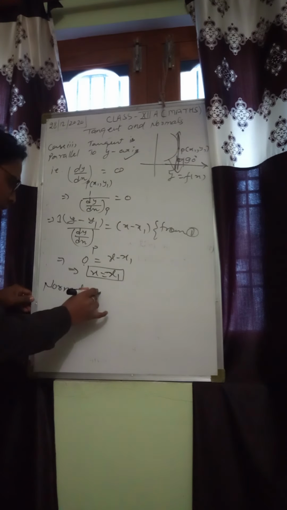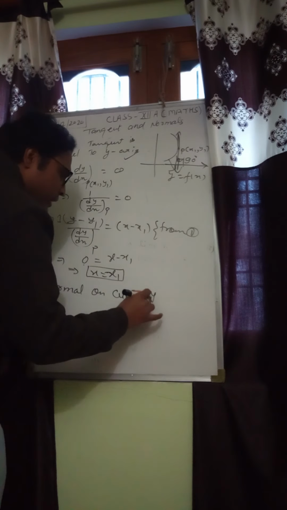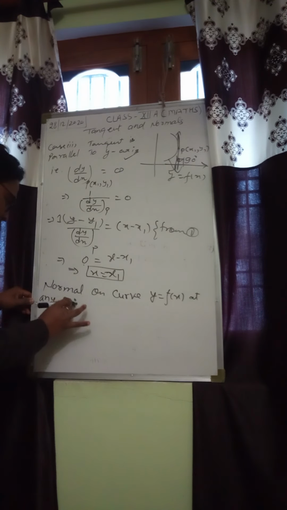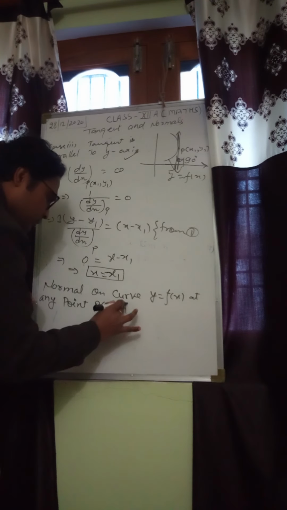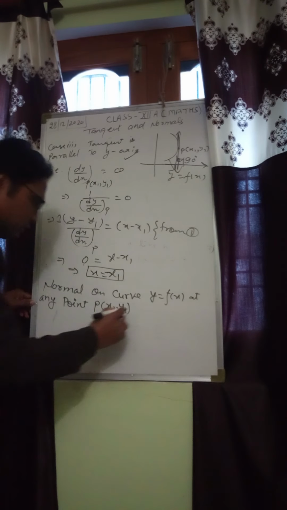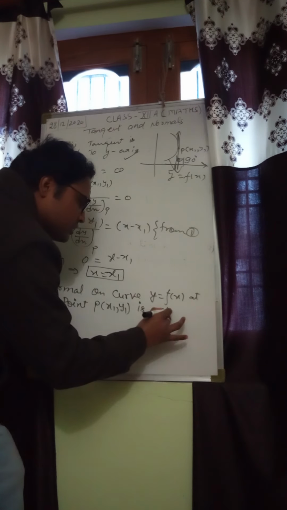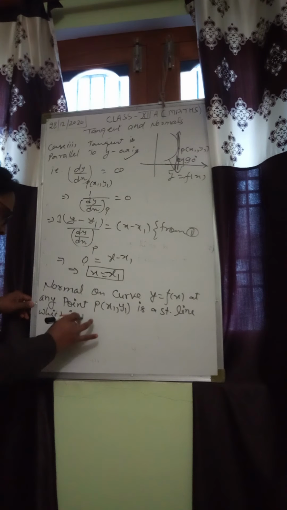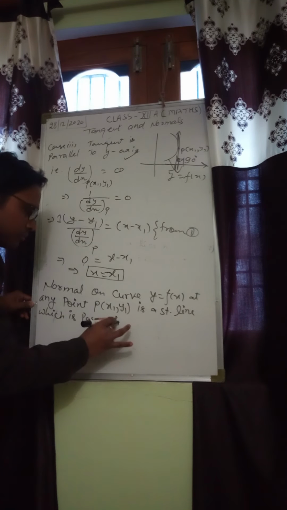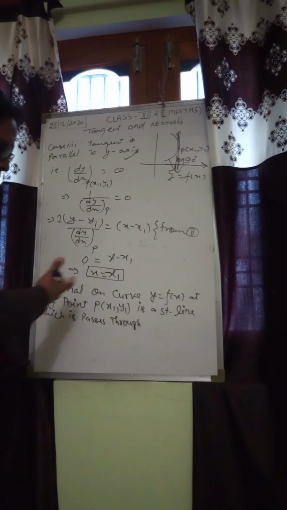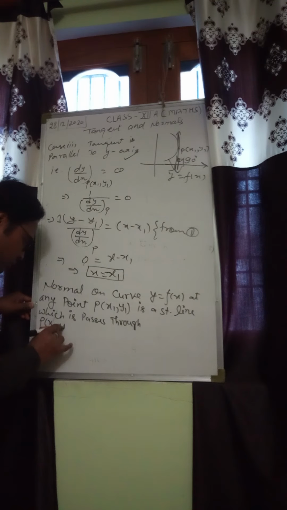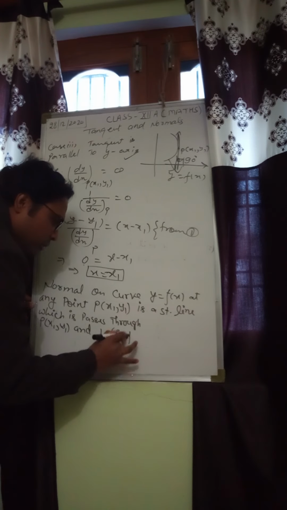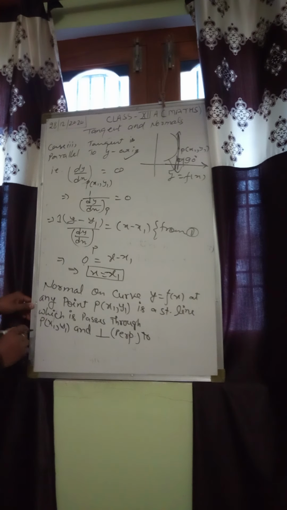Normal on curve y is equal to f(x) at any point P(x1, y1) is a straight line which passes through P(x1, y1) and is perpendicular to the tangent.